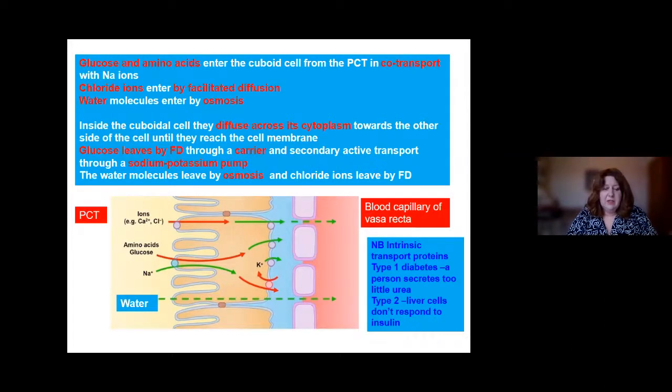There is such a high concentration of glucose in the blood that it's being pushed into the proximal convoluted tubule, and the protein channels cannot cope. So you will see some glucose appearing in the urine, and I've popped in the differences between type 1 and type 2 diabetes for you to have a look at as well.